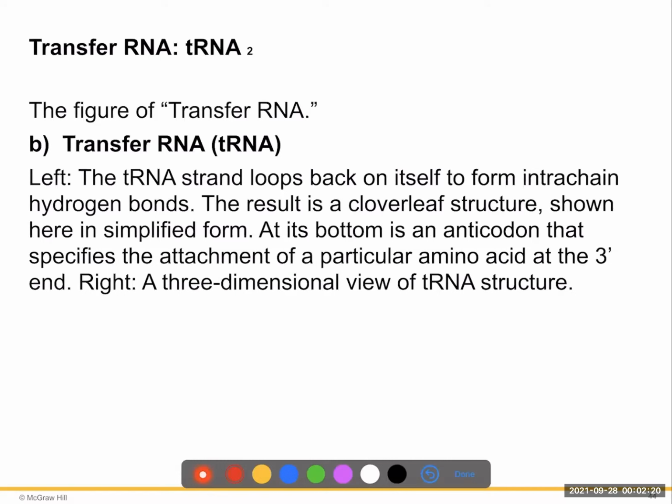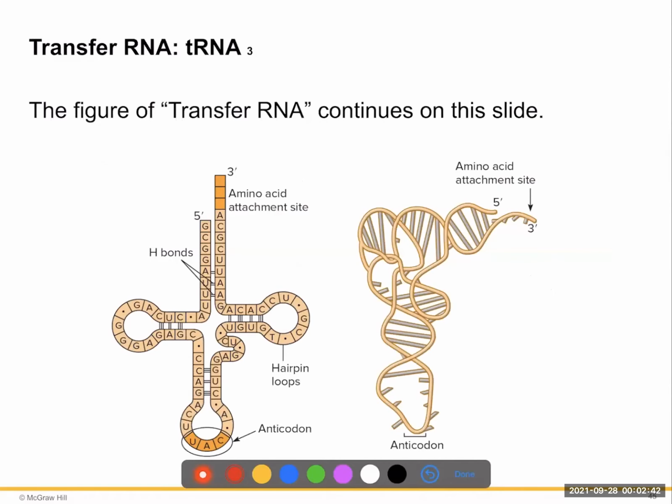So now that was your transfer RNA. The transfer RNA loops back to itself to form this interaction, hydrogen bonding. That's what forms its shape. It's that cloverleaf structure. The bottom is the anticodon that attaches to your messenger RNA and then allows your particular amino acid to attach. And that's what they look like. This is your hairpin loops here.